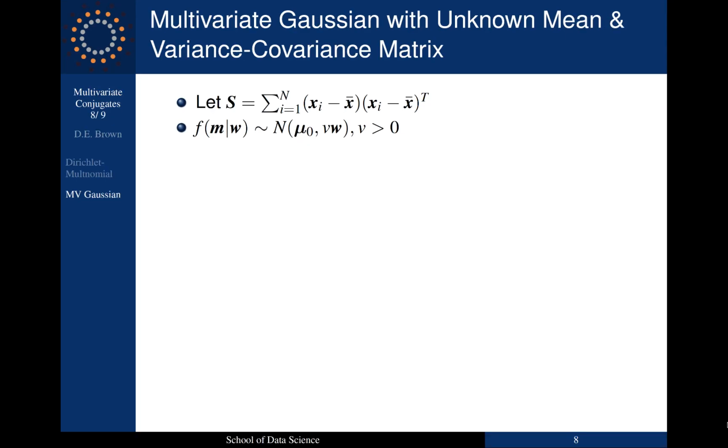Okay, so for this multivariate Gaussian likelihood, we will use a multivariate Gaussian conditional prior for the mean of that likelihood.